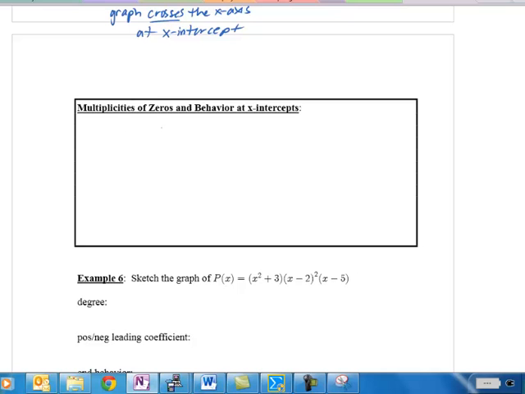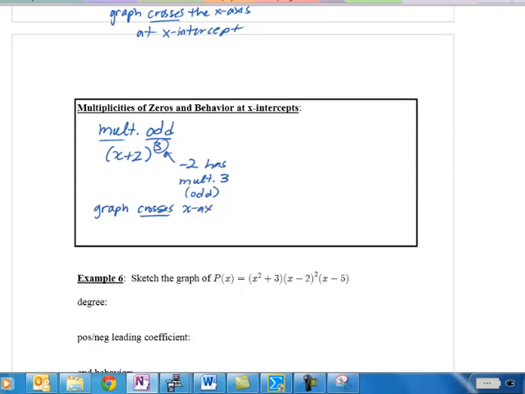So if the multiplicity is odd, so for example, x plus 2 cubed has the negative 2 has multiplicity 3, which is odd, then the graph crosses the x-axis at the x-intercept negative 2, 0.